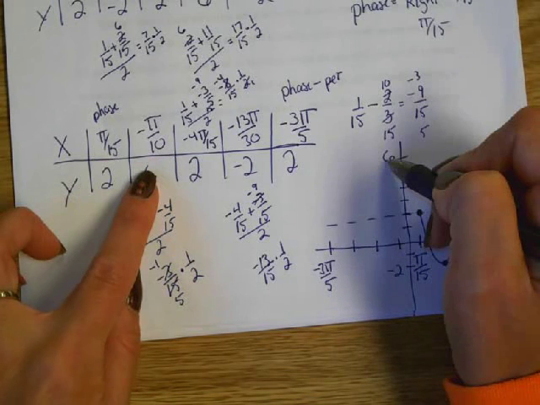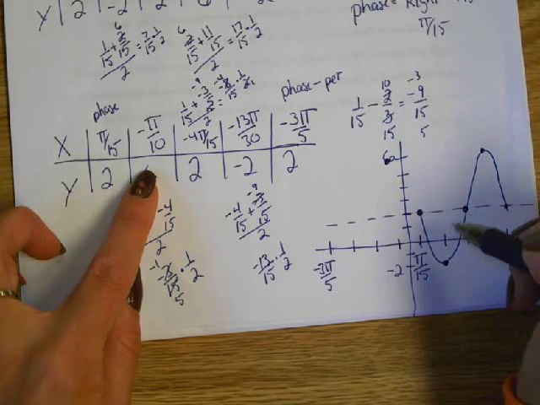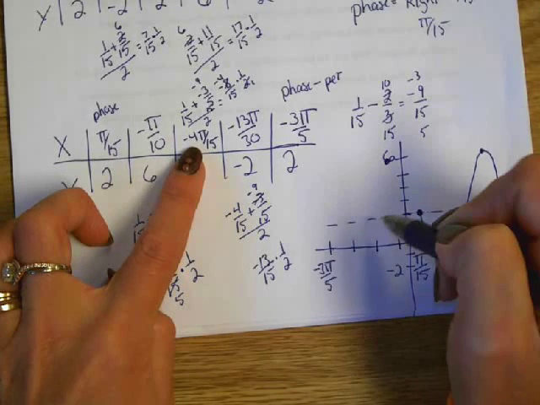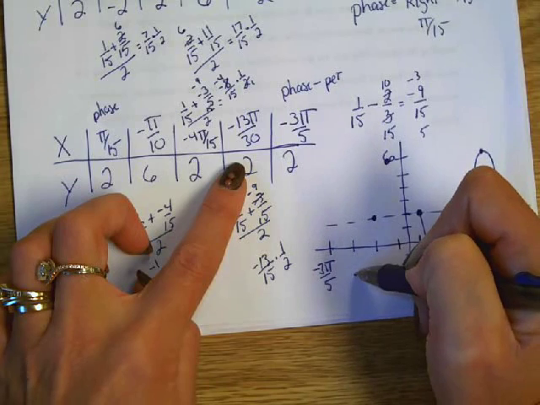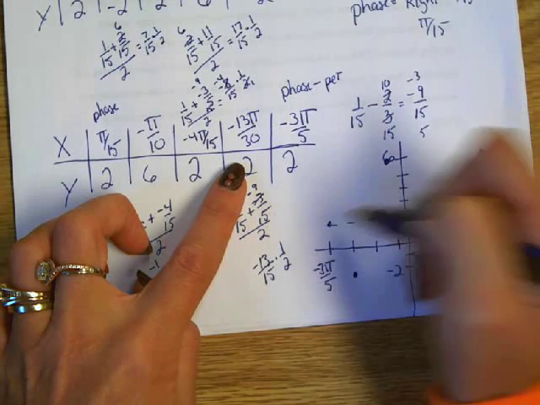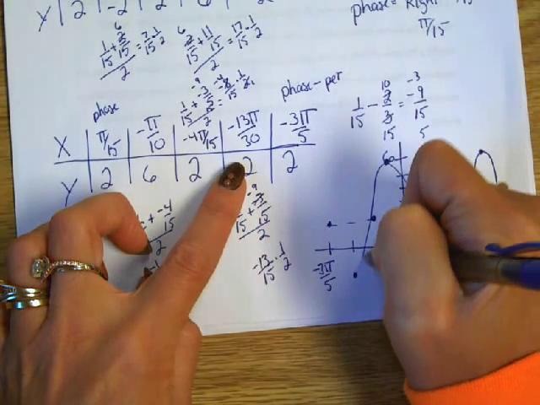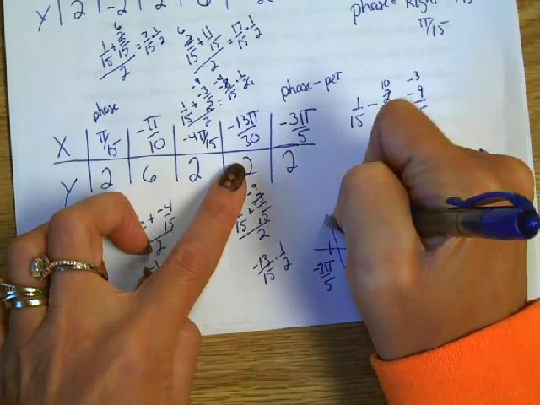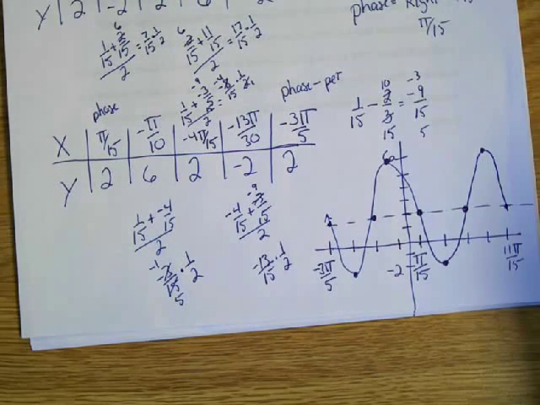I want that to be up at 6. Not on the y-axis, because I don't have an x value of 0 here. Then I come back, down, down, and then back here.